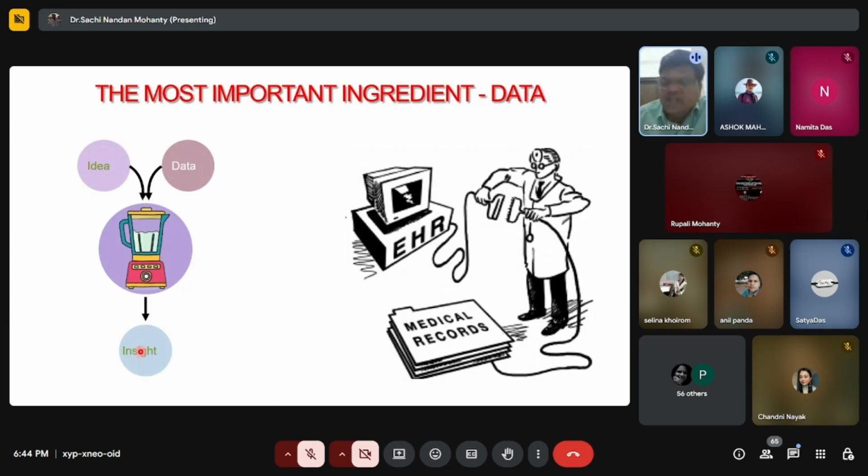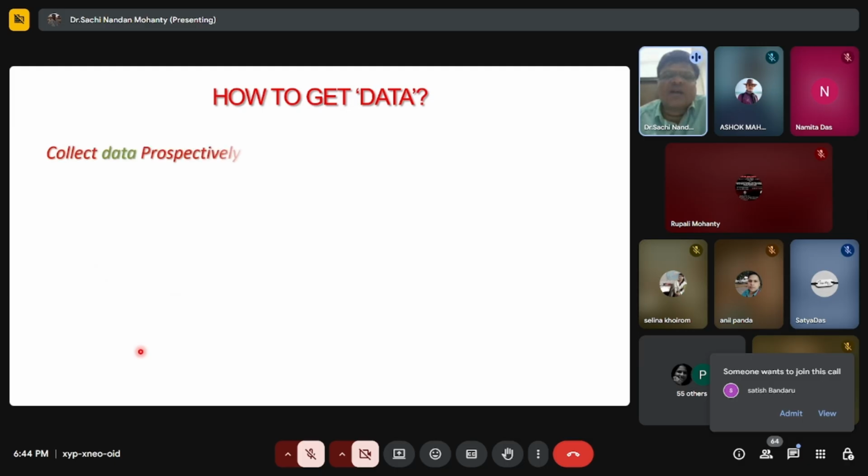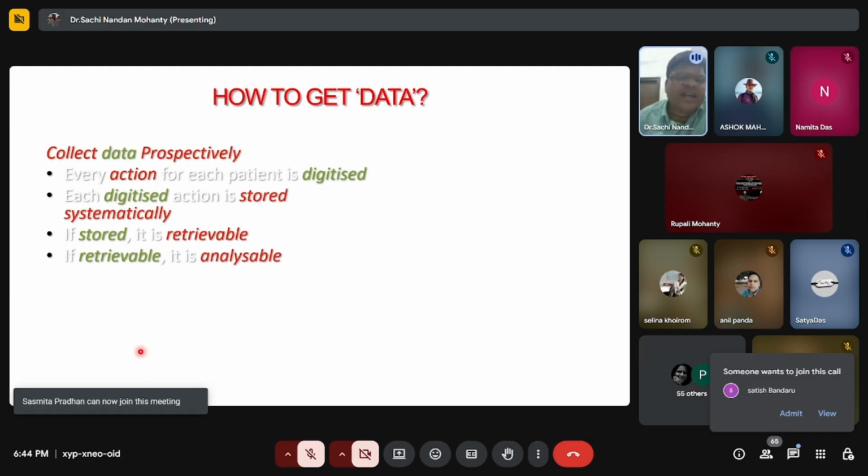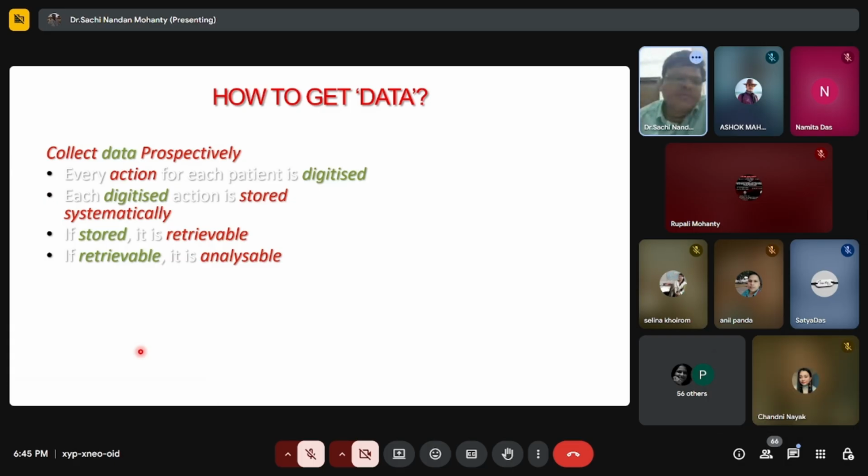So the electronic health record is one of the most important sources of data. If you put in garbage, garbage will be the output. So when you collect data, every action for each patient should be digitized and entered into the system. Each digitized action should be stored systematically.